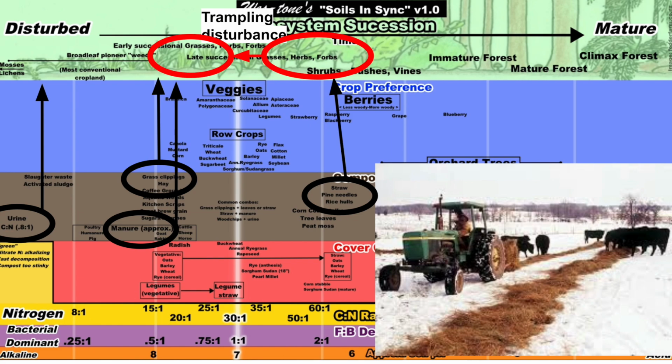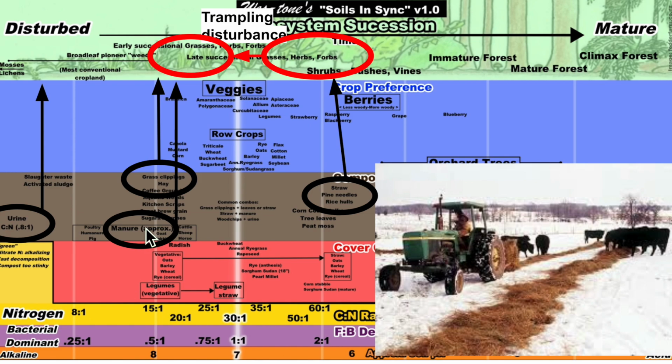If you're starting with unproductive duff pasture, your starting position on the ecosystem succession is probably about 60 or 80 to 1. Grass prefers to be in the 20 to 50 to 1 area, so we need to shift the succession backwards. Urine from the cattle provides a concentrated nitrogen, which will benefit the grass.